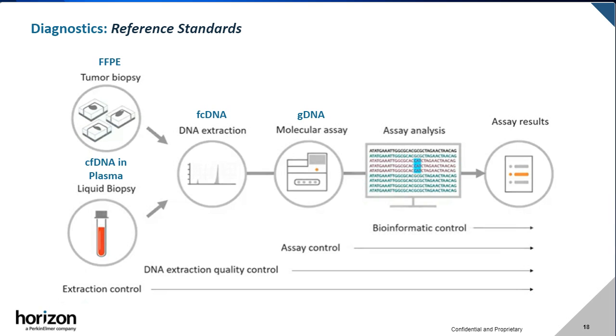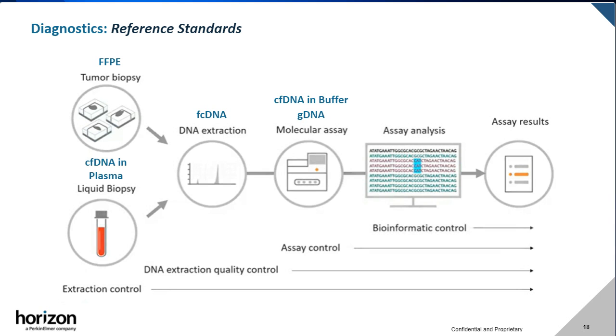Our cfDNA synthetic plasma is compatible with many popular cfDNA extraction kits and can be used to validate the complete workflow from DNA extraction to the analysis of your results. In addition to cfDNA and plasma, we also have cfDNA and buffer reference standards that can be used to validate cfDNA molecular assays beginning at the extracted DNA stage.